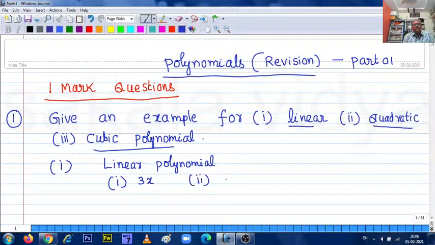One example is enough, but one more also I will give, 5x plus 3. One more example also, ax plus b. This form is called linear polynomial. You are asked for one example, but I have given 3 examples. So these are the examples for the linear polynomial.